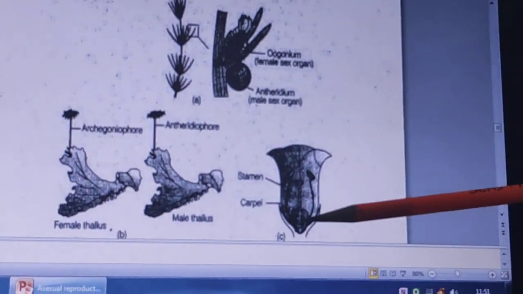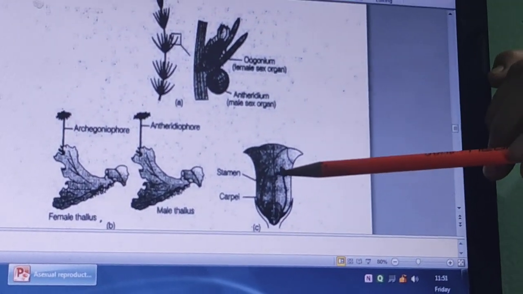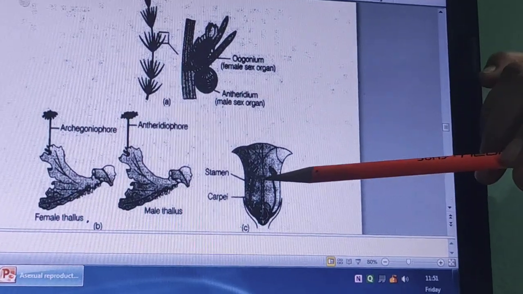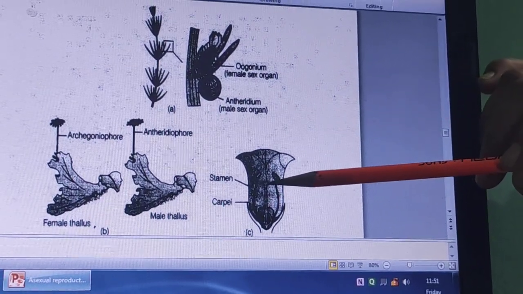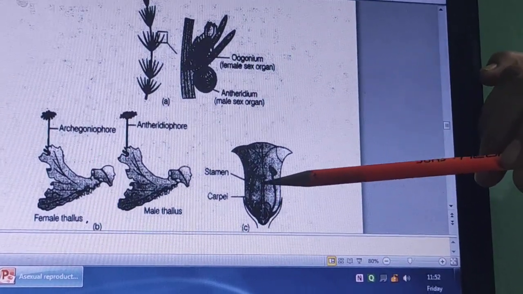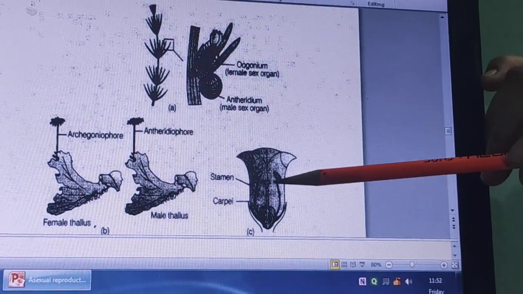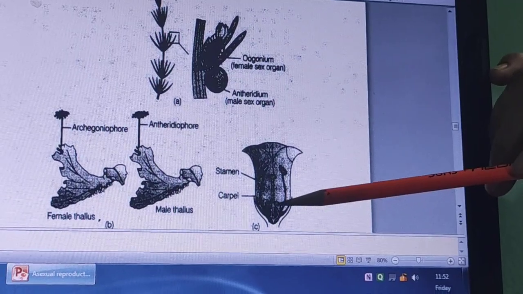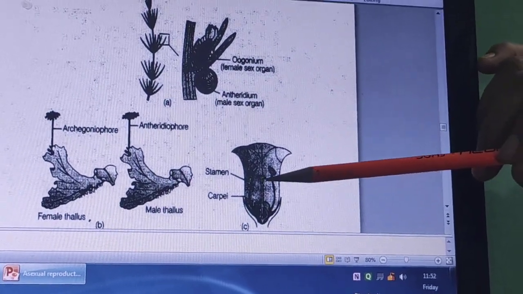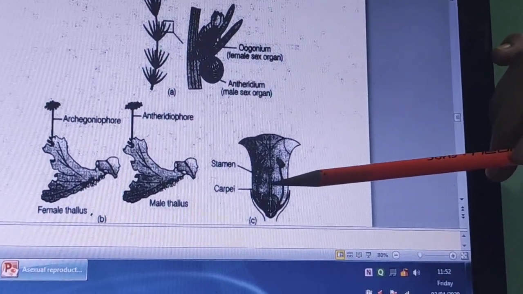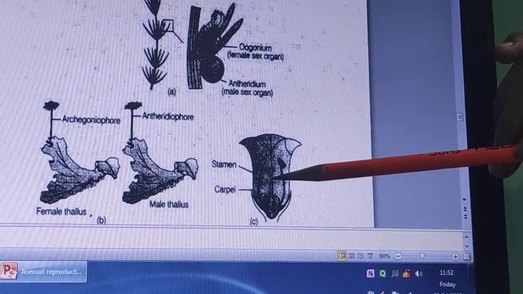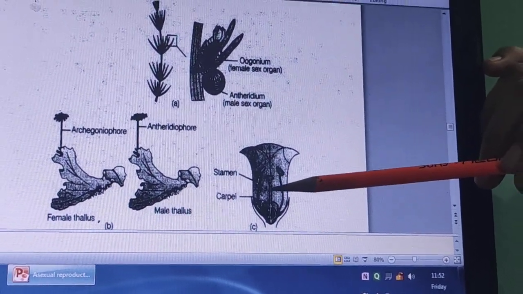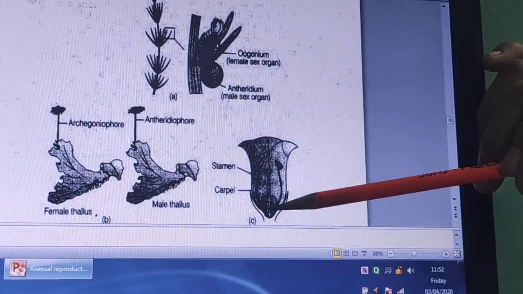And the pistil has three parts. The anterior flat portion is known as stigma. Then there is a slender stalk which connects the stigma to the basal swollen portion, that is the ovary. So this is the stigma, this is the style, the slender stalk portion, and this is the ovary.